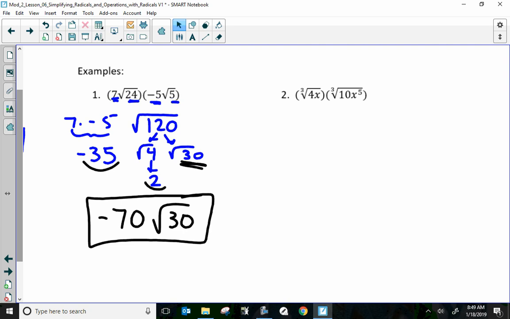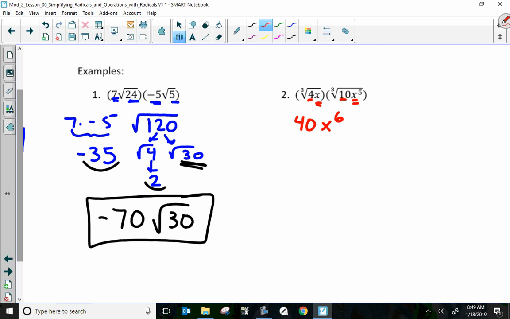Let's take a look at number 2. These are both under cube root signs, so I can multiply everything together as long as I keep the cube root. So 4 times 10 is 40. x times x to the 5th is x to the 6th.